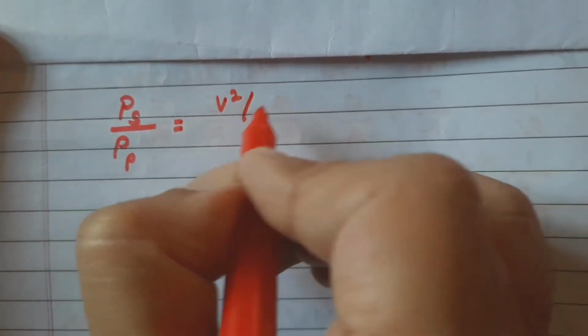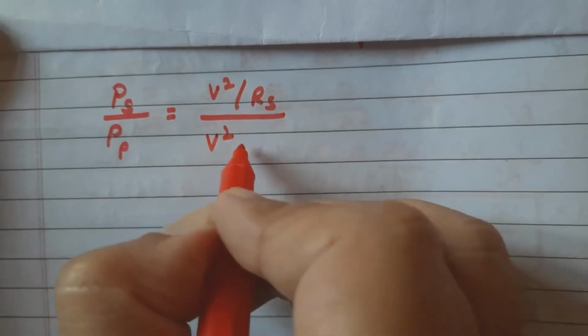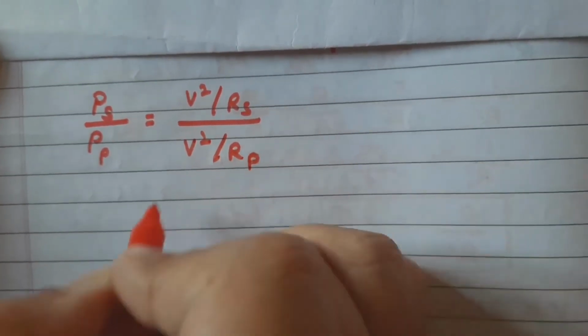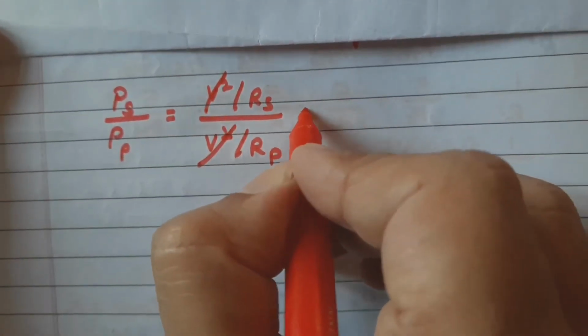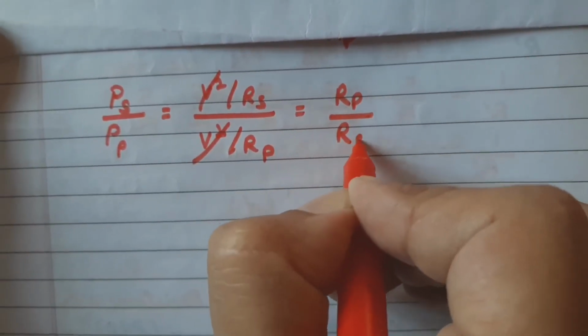Now we have to find out the ratio of power in series combination to that in parallel combination. In series it is V square upon Rs. In parallel it is V square upon Rp. They will cancel out and it will become equal to Rp upon Rs.